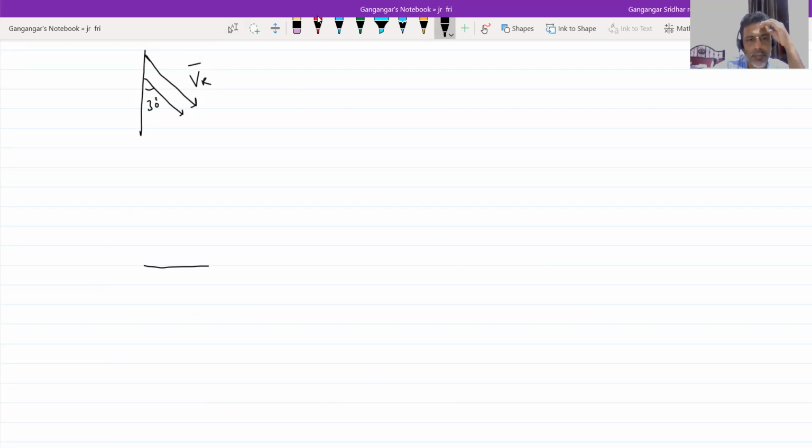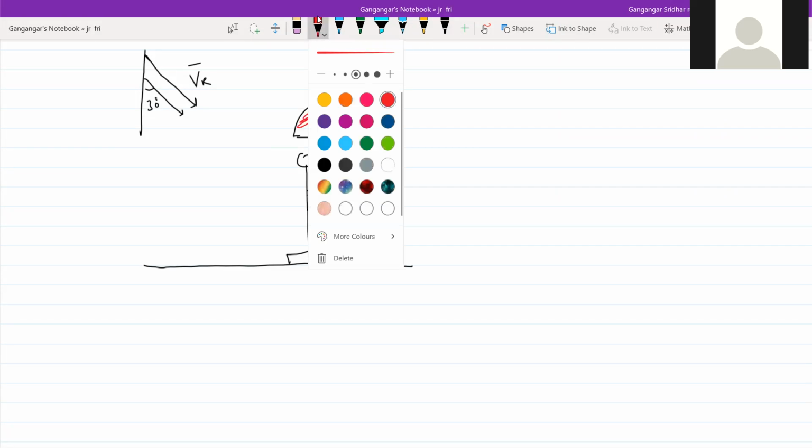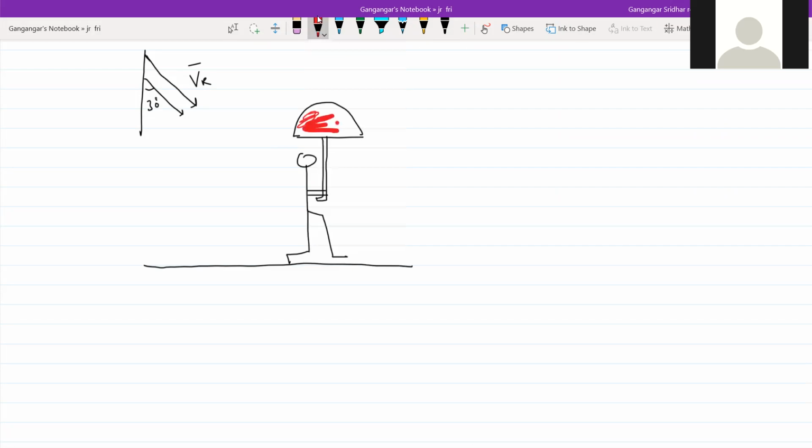Then the man is walking on the road. Strictly, he will hold the umbrella vertically. You hold the umbrella vertically means the raindrops, how should they fall? The velocity of raindrop with respect to man should be vertically down.